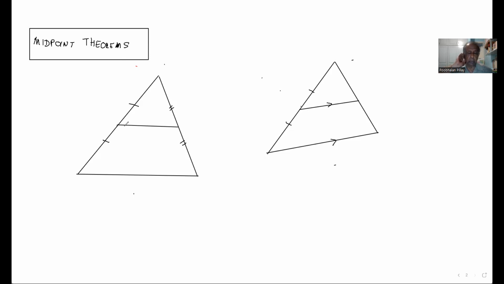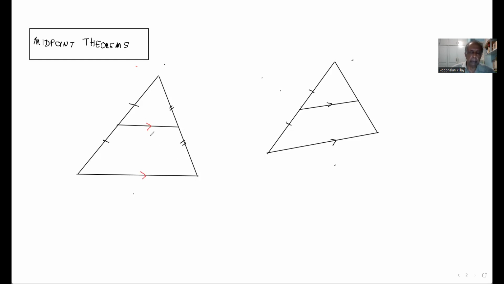And if you join these midpoints, you'll get a new line. And it turns out that this new line is parallel to the third side. So in words, the line joining the midpoints of two sides of a triangle is parallel to the third side.